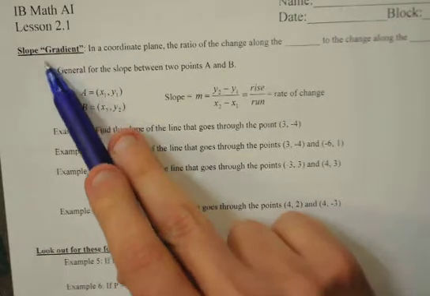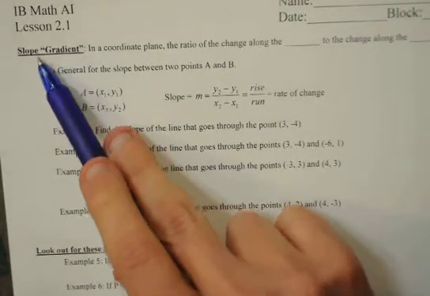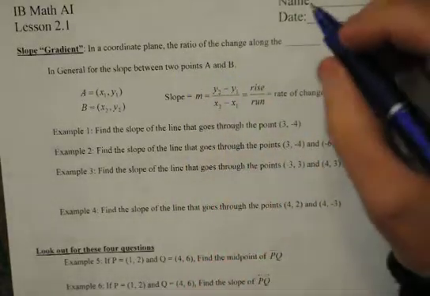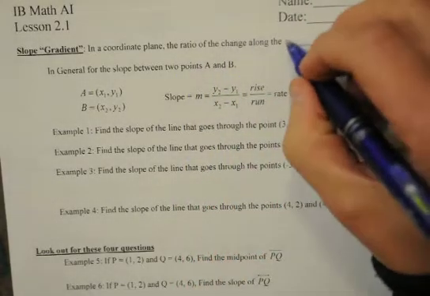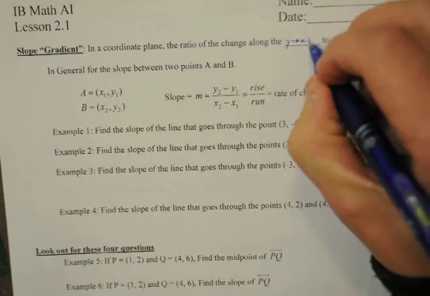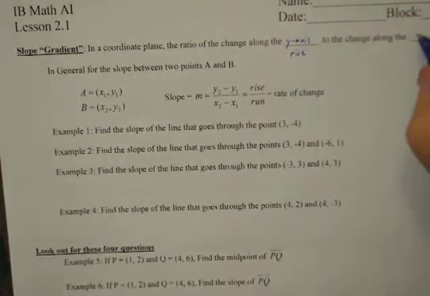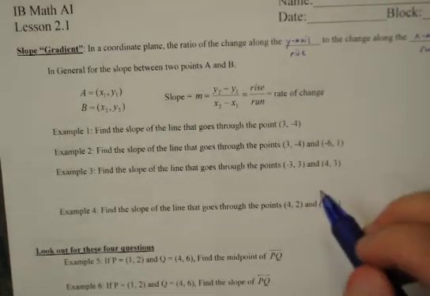Gradient. Slope, gradient, same thing, it's just that gradient is British for slope. In the coordinate plane, the ratio of the change along the y-axis, better known as the rise, to the change along the x-axis, the run. It's the rise to the run.